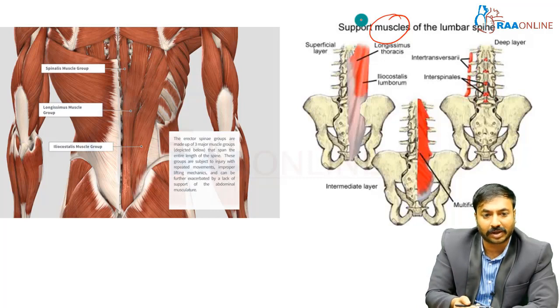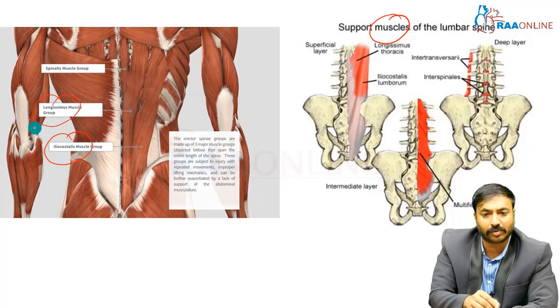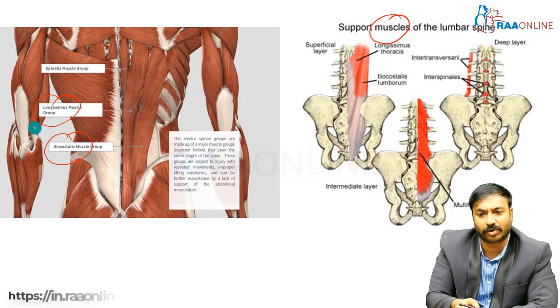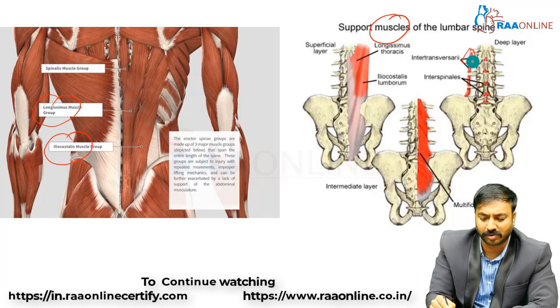So what are the muscles involved in secondary stabilization? Here you can see the iliocostalis group, the longissimus group, all of which form the core back muscles. If these are very strong, the loading on the spine reduces, thereby reducing degeneration. The small muscles are also equally important, the intertransverse muscles.